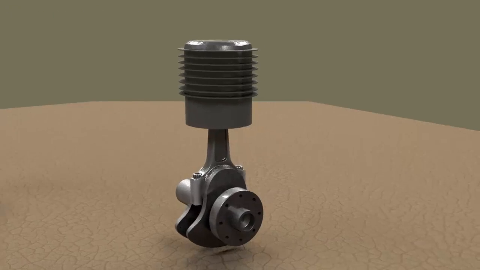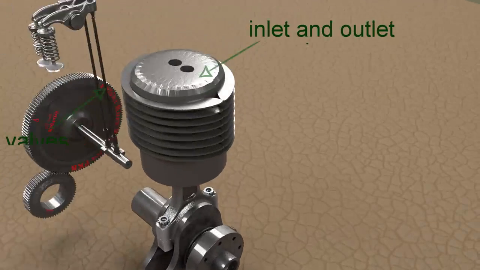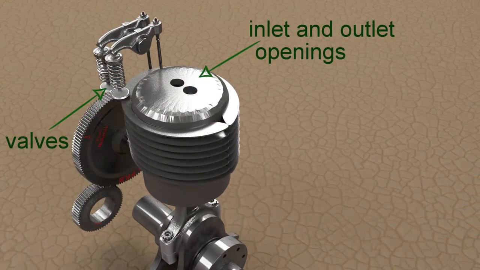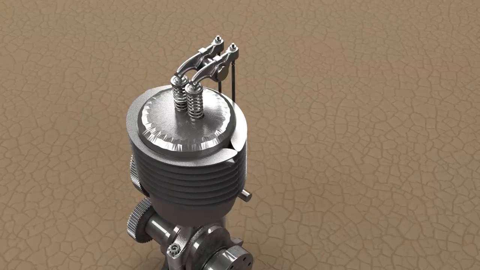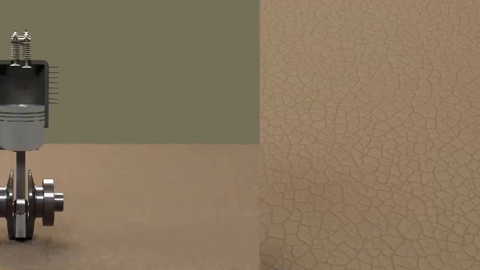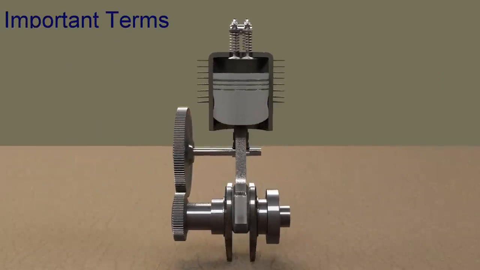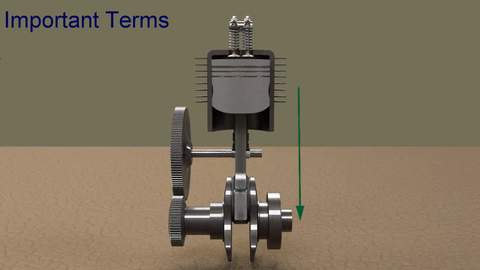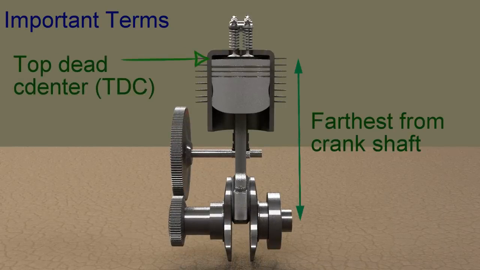Valves are provided either on cylinder head or on the side of cylinder for regulating the charge coming into the cylinder and for discharging the product of combustion from the cylinder. Top dead center or TDC is position of piston in which it is farthest from the crankshaft.